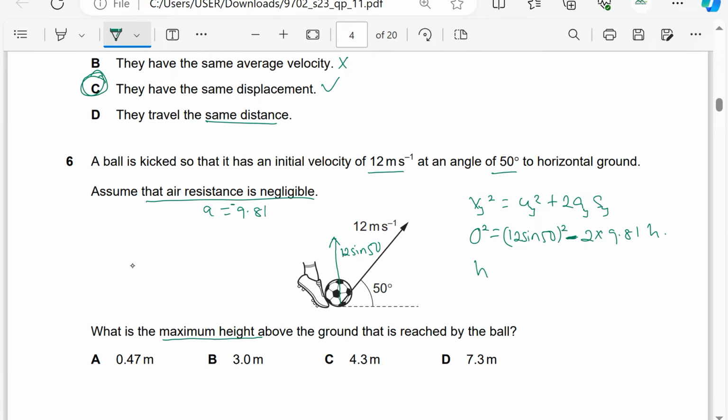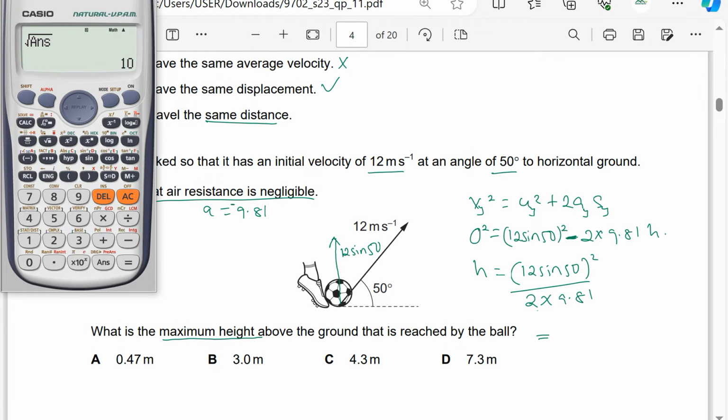So when I make h the subject, h is going to be 12 sine 50, squared, divided by 2 times 9.81. When I press my calculator, 12 sine of 50, and this is squared, divided by open brackets 2 times 9.81.